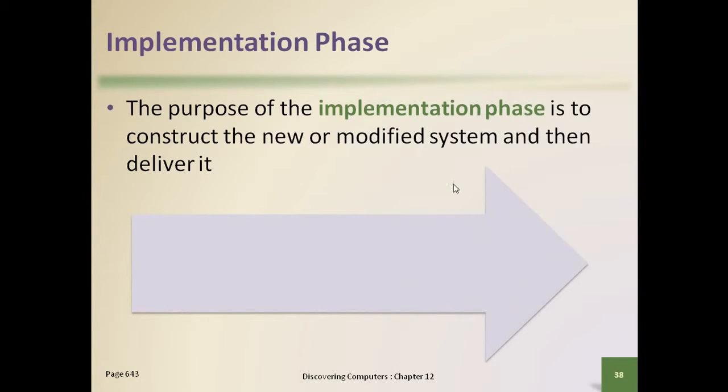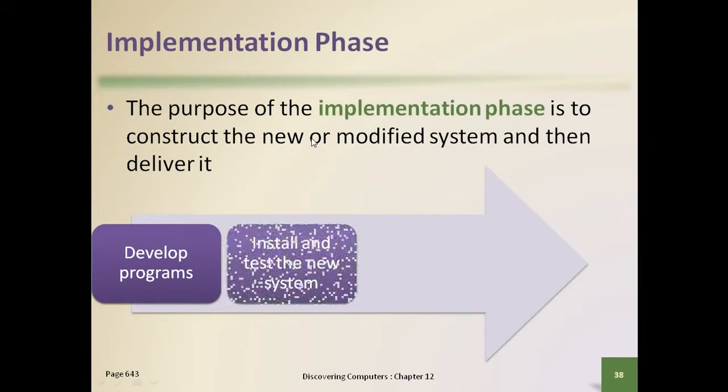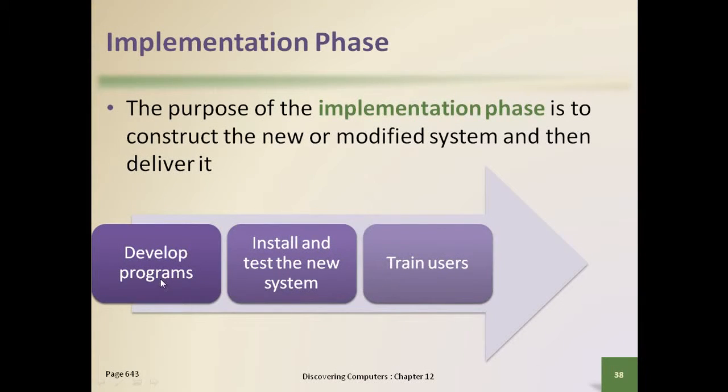The purpose of the implementation phase is to construct the new or modified system and then deliver it: develop programs, install and test the new system, train users, convert to the new system.